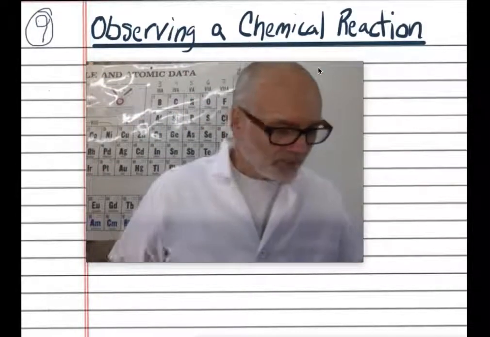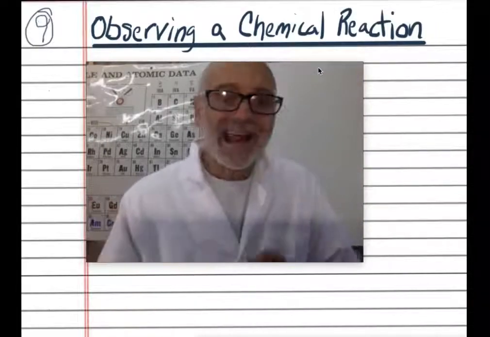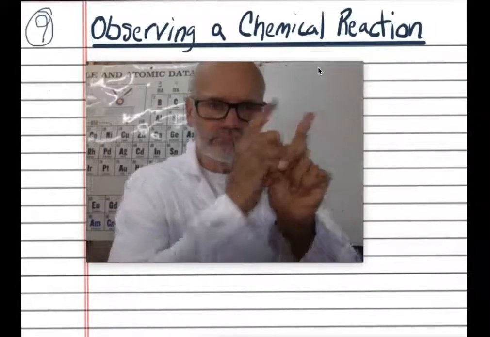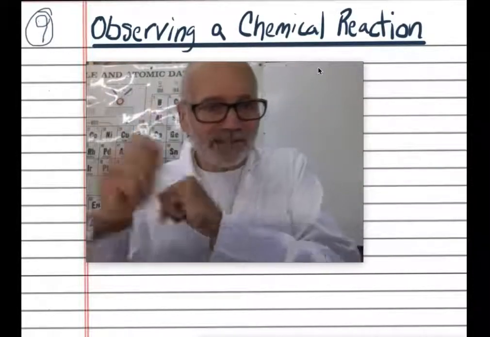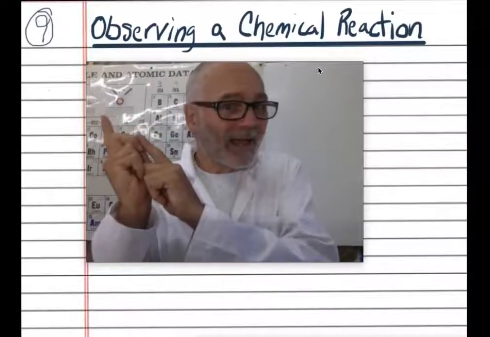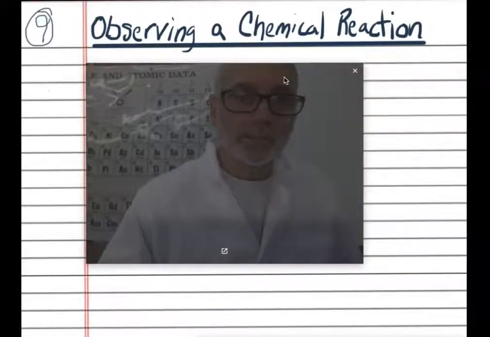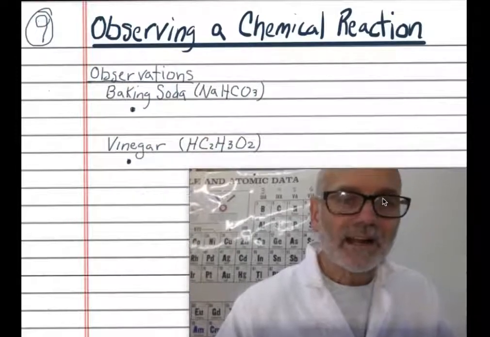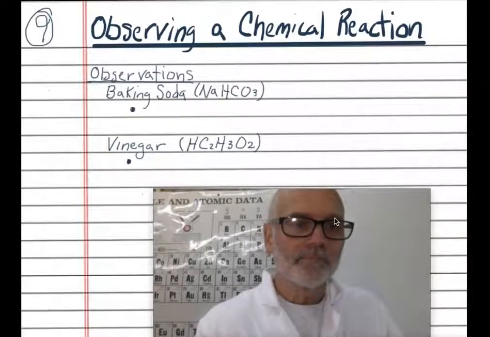So in your notes, on page 9, like I have up there, make sure you title it again, Observing a Chemical Reaction. On page 9, you are going to write the following. I'm going to move my face out of the way, and I want you to just put this down. Pause the video and write this out.